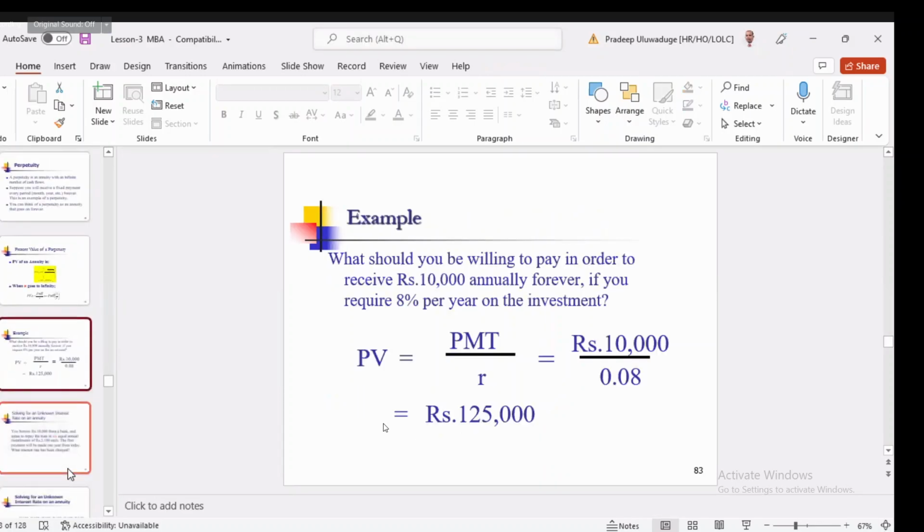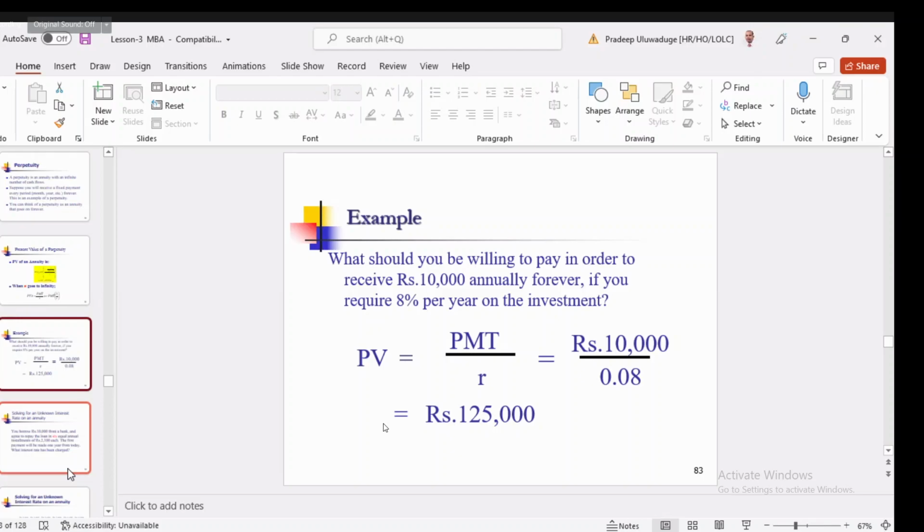Yes, we have an example. What should you be willing to pay in order to receive 10,000 annually forever, if you require 8% per year on the investment? So the annual payment is 10,000 forever, which makes it a perpetuity, at 8% per year.